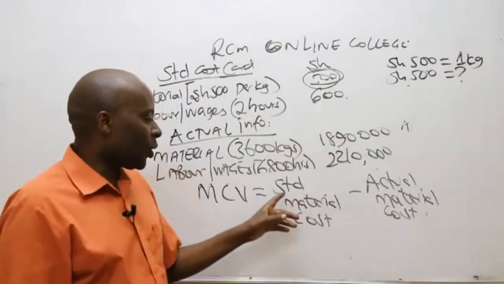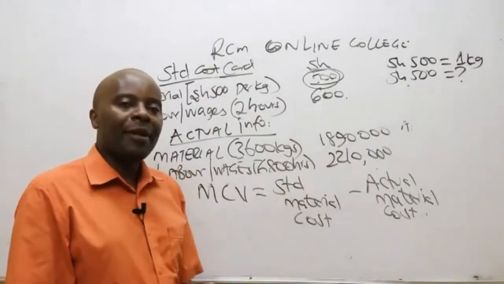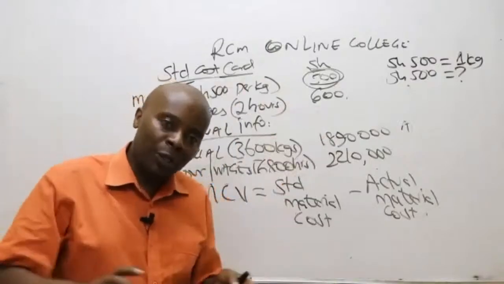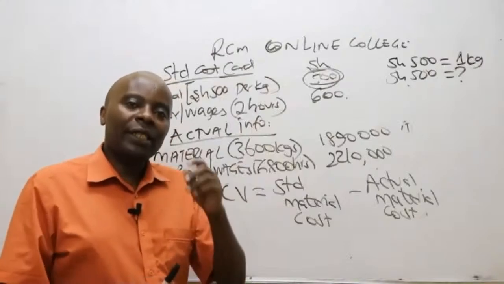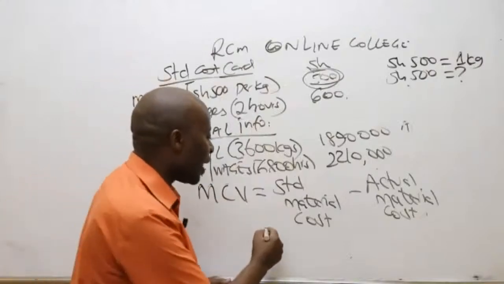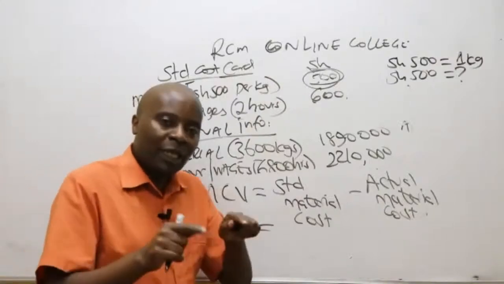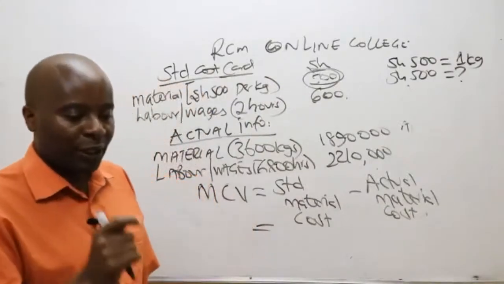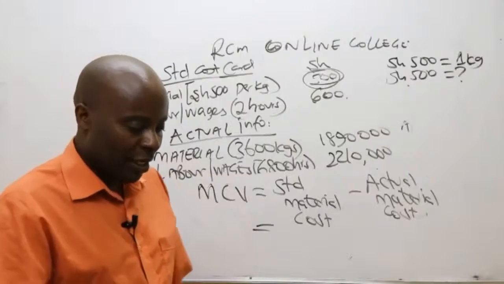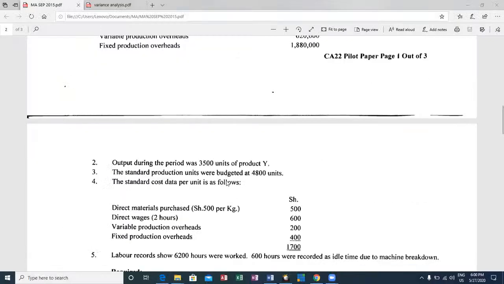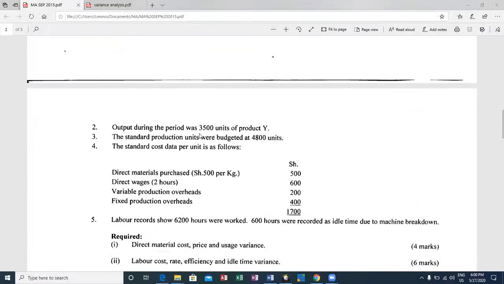Once they make use of the word standard, it means that I'm going to make use of the actual output somewhere. I'll take the actual output from the note which spoke about the actual output, that is note number 2.